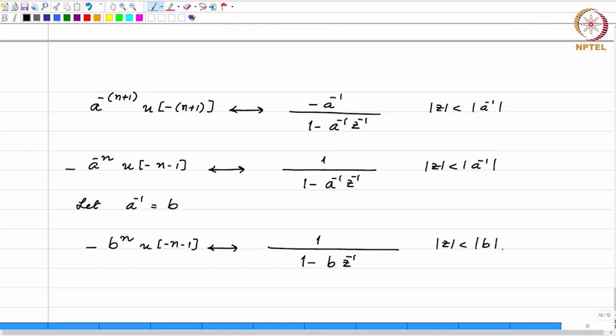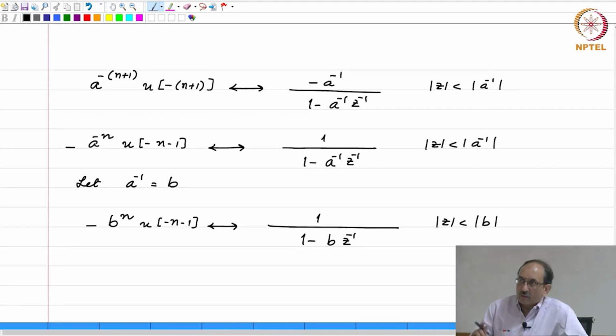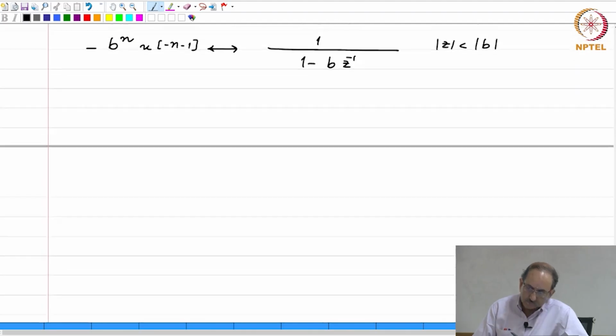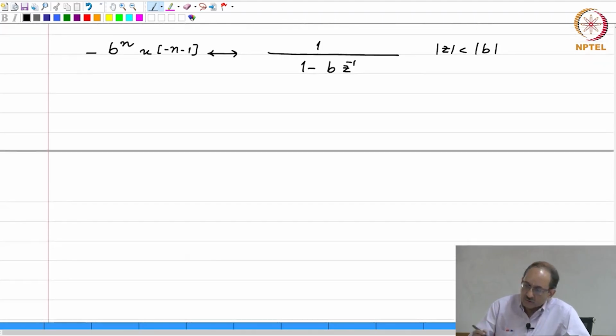So, again we have used properties to derive the transform of one starting from the transform of the other. Note that time reversal causes a causal sequence to become anti-causal and vice versa. If x of n were causal, x of minus n is anti-causal. Also notice this difference between these two properties.